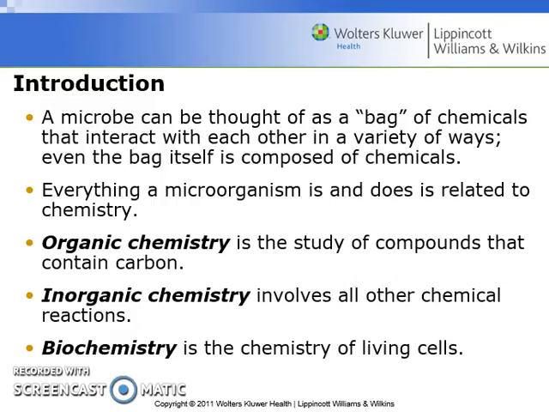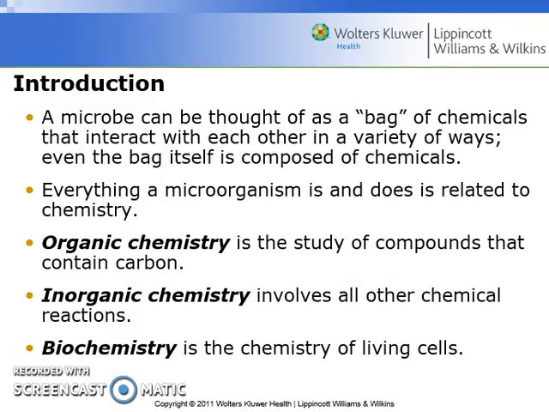With inorganic chemistry, this is where you're going to have the presence of all the other different chemical elements that are present on the periodic table. And when we think about both organic chemistry and inorganic chemistry, these different chemical elements work together again to create functional organisms. So that gives rise to biochemistry, which is the chemistry of living cells.